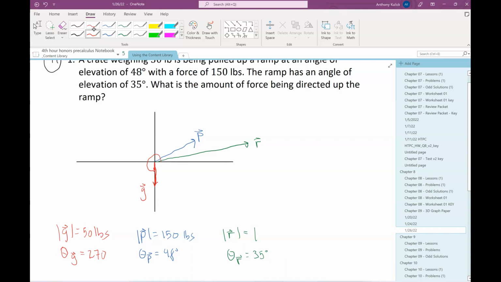We can use our picture and look intuitively at each of the projections separately, and then determine whether we should be adding or subtracting them. Or what I would prefer is I'm just going to add the vectors P and G together and then project that resultant onto the ramp, which I think is the easiest way to do this, since adding vectors is not a problem.